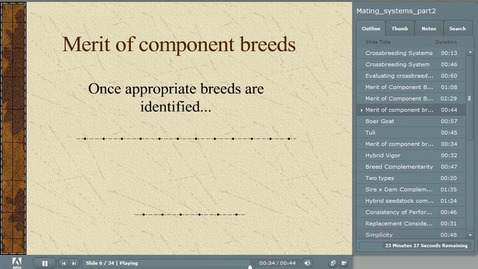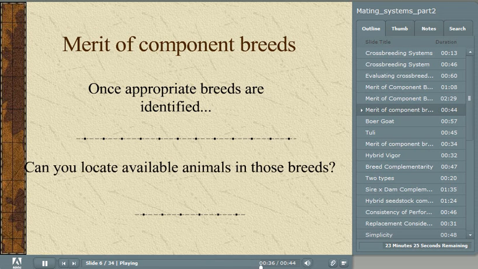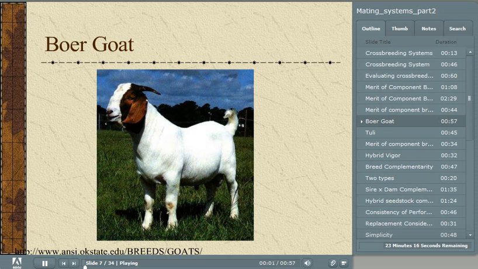However, once the appropriate breeds are identified, we also need to make sure we can get animals to develop our crossbreeding system. And in some cases, this has been problematic in the past. For instance, we see a lot of Boer goats in this country now.